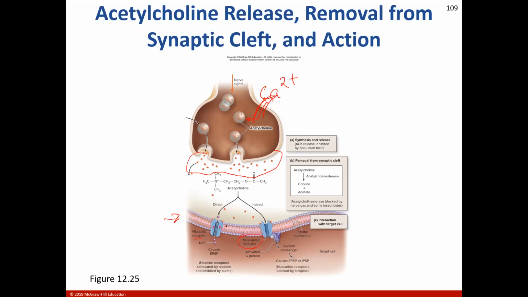But here, look what you have, and see if you remember what I said before. This is difficult, really. This receptor is a direct receptor. Once acetylcholine binds to this cholinergic receptor, which happens to be nicotinic, you're opening up a sodium channel. So it's always stimulatory, and it happens to be direct.